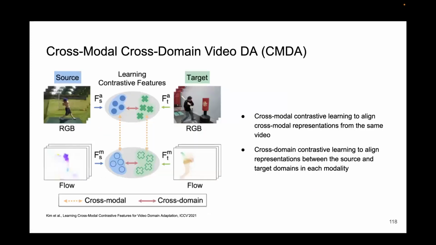Then we want to introduce another consecutive work, whose framework at a high level shares certain similarity, but with significant improvements from MMDA to CMDA. Here is the CMDA overall architecture, and presumably there is a source and a target.